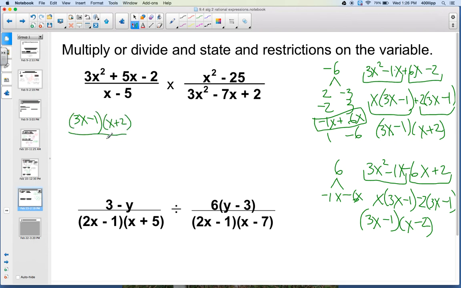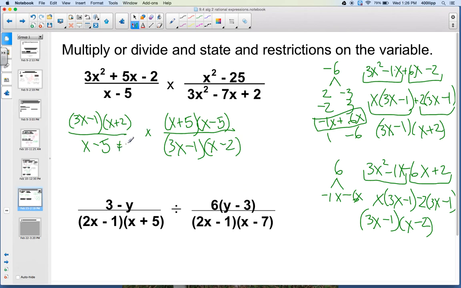Okay, so when we rewrite these, I have a 3x minus 1 times x plus 2. The denominator here cannot be factored, so we just rewrite that. It's times, this is a difference of 2 squares, so I have an x plus 5 times an x minus 5. And then this one is factored to be a 3x minus 1 times an x minus 2. Okay, so before we go ahead and cancel anything out, we know that we have to say that the denominators cannot be 0.